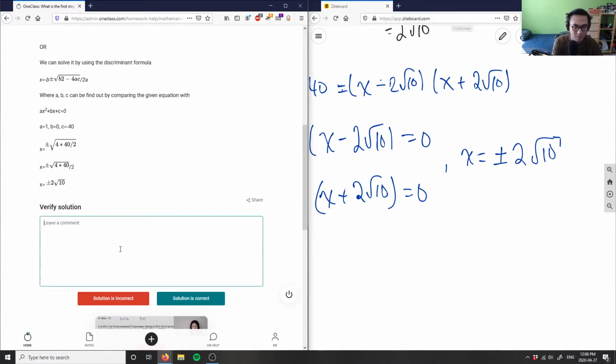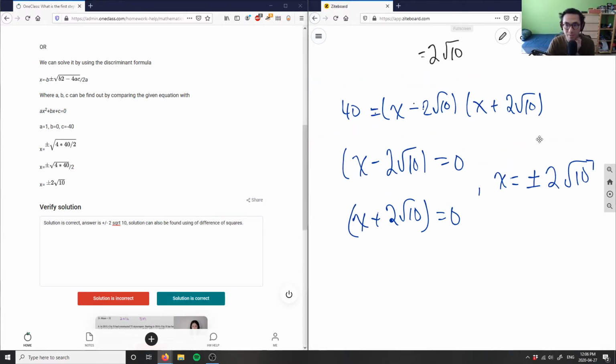So this solution is correct. The answer is plus or minus 2 square root of 10. The solution can also be found using difference of squares, which is what I implemented to get the answer here. So the solution here is correct.